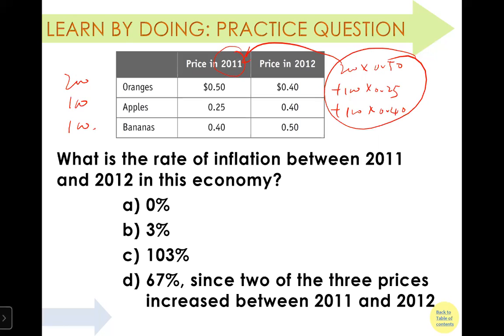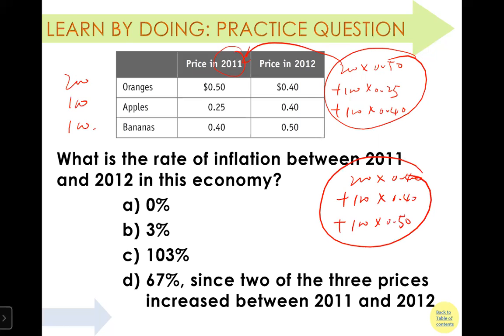Next, you calculate the cost in 2012. That's going to be 200 times 40 plus 100 times 40 plus 100 times 50, which gives you the cost in 2012.